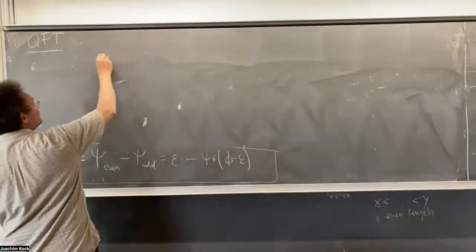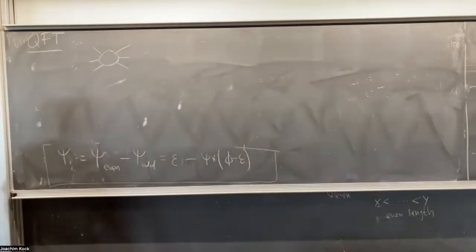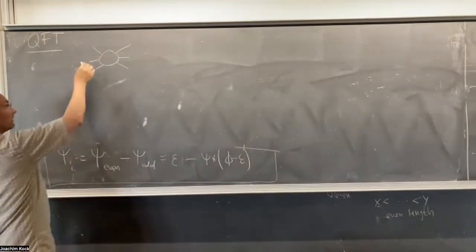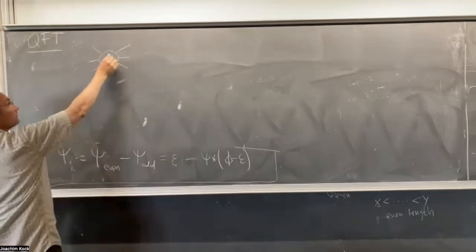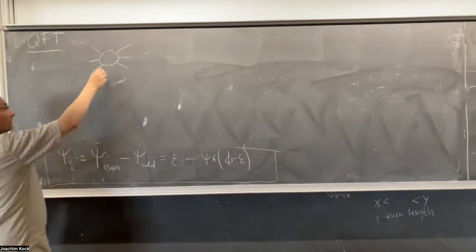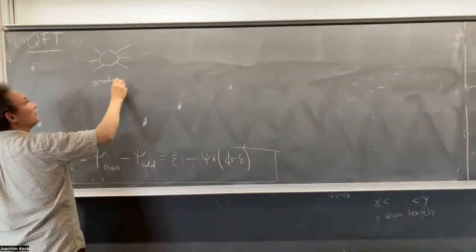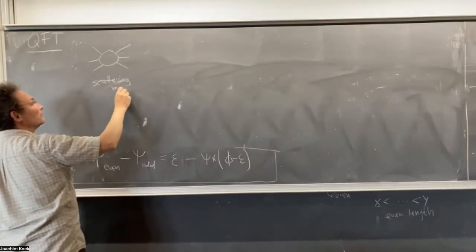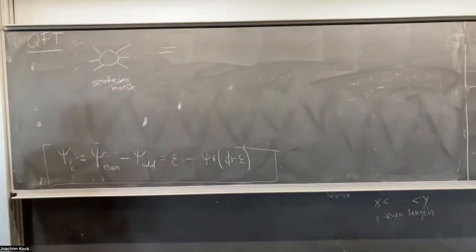In quantum field theory, you want to evaluate the scattering matrix. You imagine some particles coming in and some particles coming out, and you want to compute the amplitude of certain interactions taking place here. So this is called the scattering matrix.